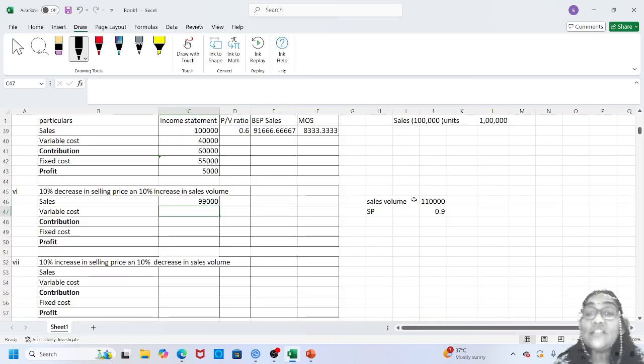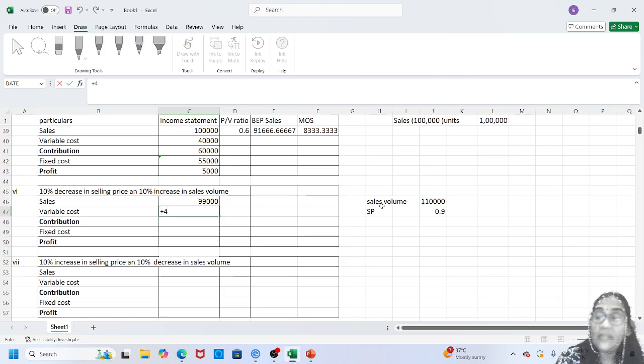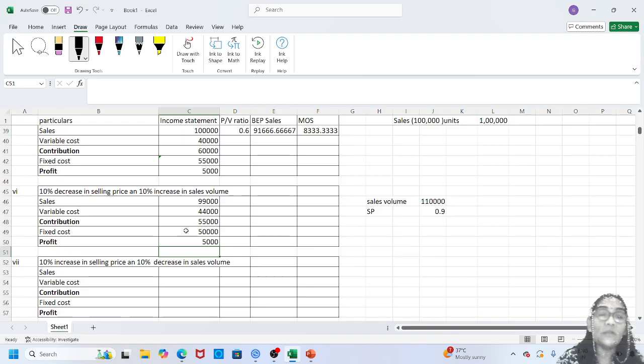Variable cost. Now there is a change in the sales volume. That means volume has increased by 10%. Variable cost will also increase by 10%. Contribution will now be sales minus the variable cost, 55,000. Fixed cost is the same, that is 50,000, and profit would be contribution minus the fixed cost, right?